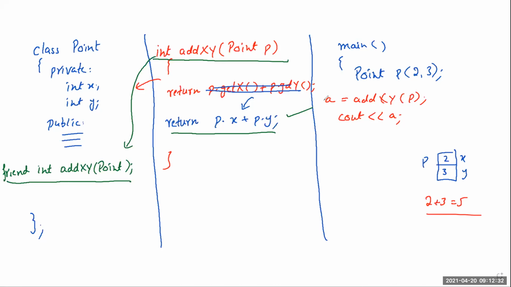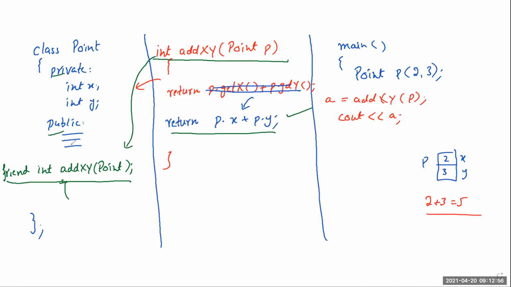Okay, now there are a few important things before we make this program on the compiler and run it. When you are writing this prototype in the class, it does not become a member of the class, right? So it does not matter whether you write this in the public or private section, right? Why does it not matter? Because this function add xy is not a member of the class.